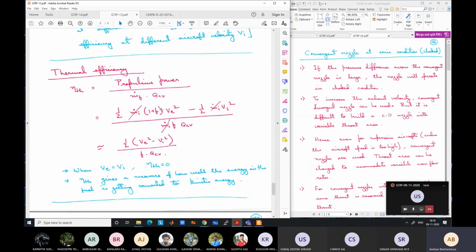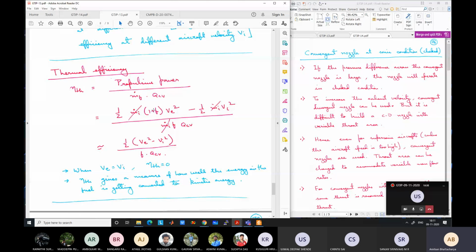If you ignore the fuel air ratio as a very small quantity, around 2% error will be there. We should not ignore this when actually solving problems, but for simple derivations like this, we can ignore it to simplify the equation.